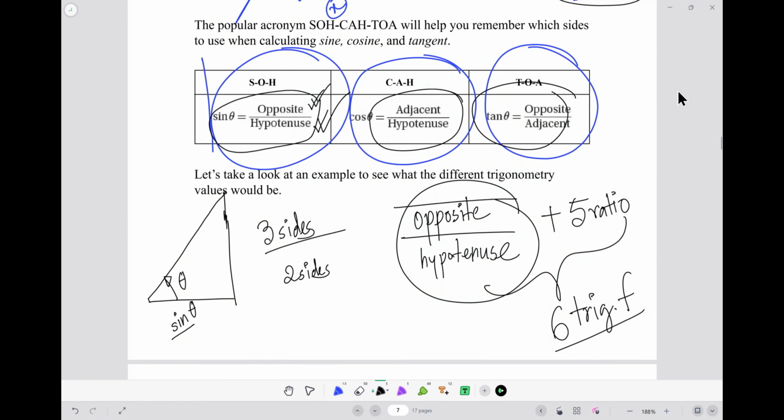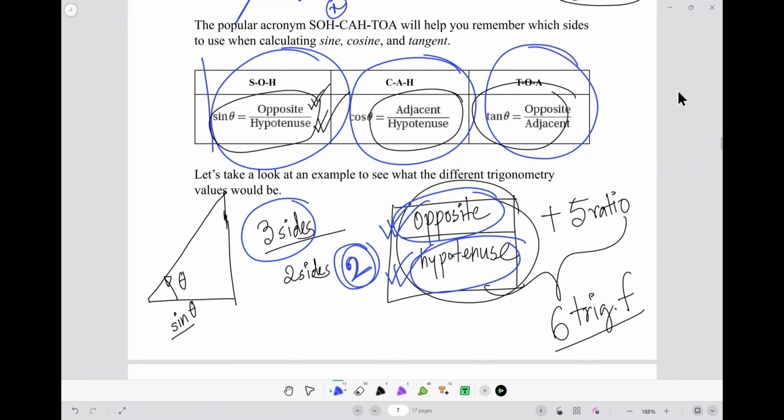We just want to make a ratio with two different sides. We can make in total six combinations, because we have three sides, but for each combination we are allowed to take two sides. This is basically a problem of permutation and combination.